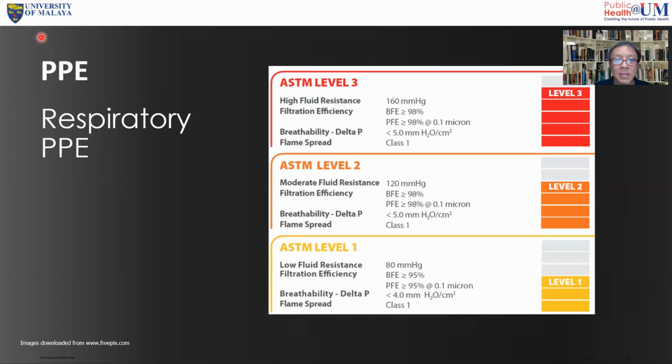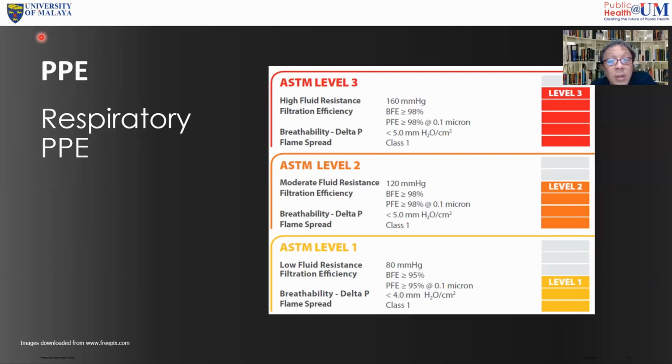Okay, this is ASTM level 1, 2, and 3. The difference between ASTM level 2 and 3 is basically the high fluid resistance. Fluid resistance means that when fluid drops onto your face mask, it just flows down. It would not stick there, and it will not block your breathing.